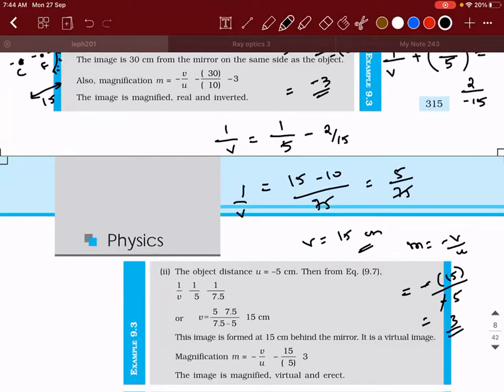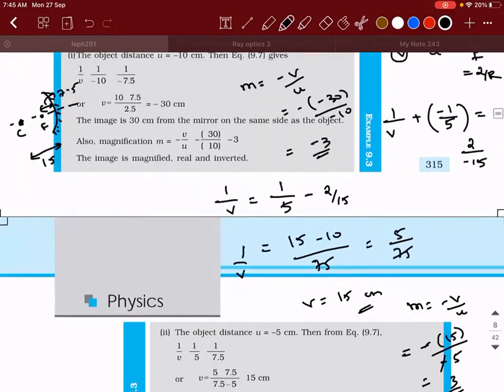So we'll get plus 3. So plus 3 implies magnification positive implies it's an erect image. Okay, so what can you conclude from this? Virtual images are always erect. It's a known fact. Correct? You're able to understand, guys?